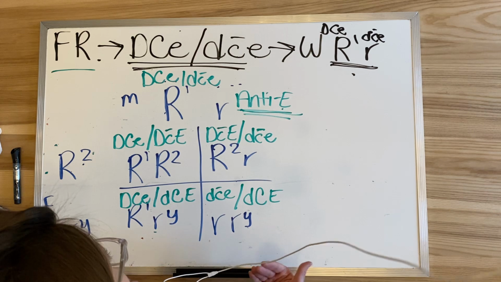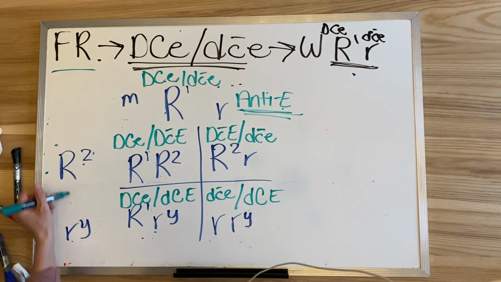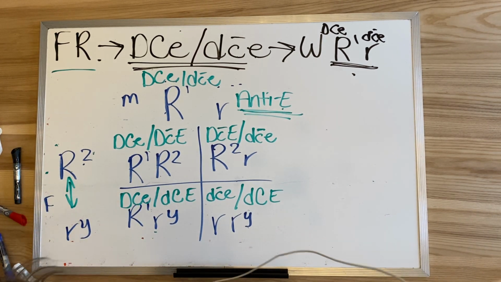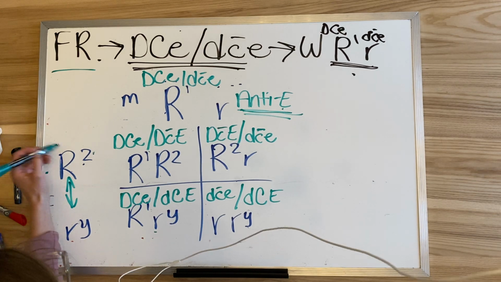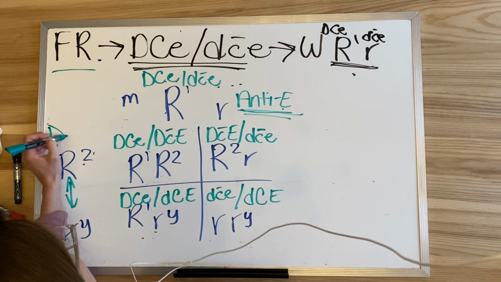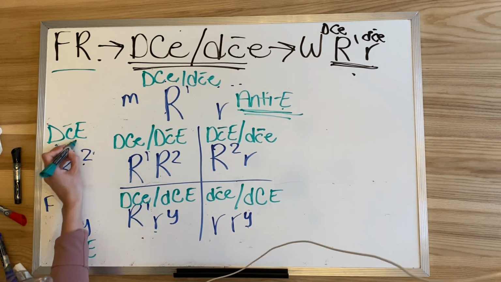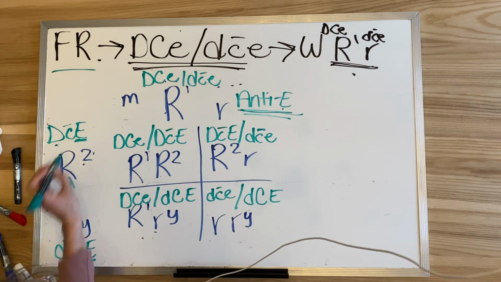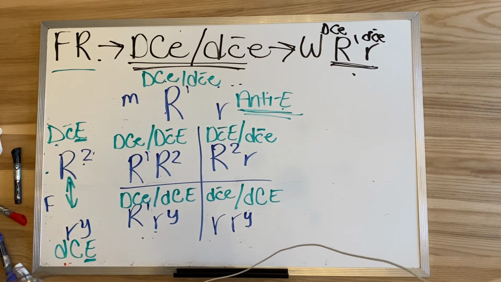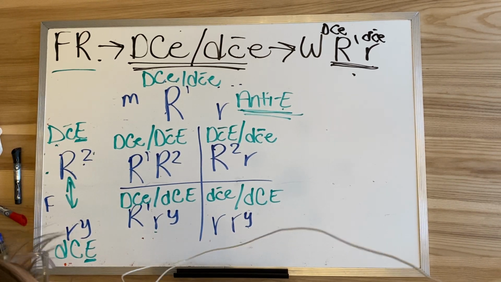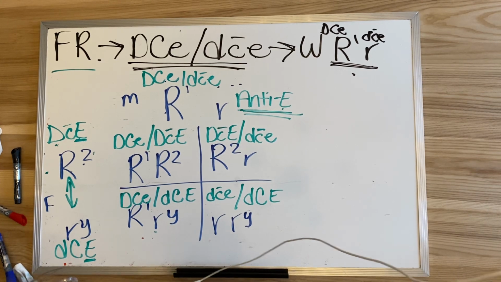So when she has a baby with this guy over here, this is the father, we can look at him. R2 is D, little c, E, big E. And now we have little d, big C, big E. He has, once again, the big E on both of his chromosomes, which means he's 100% of the time going to give his big E chromosome.